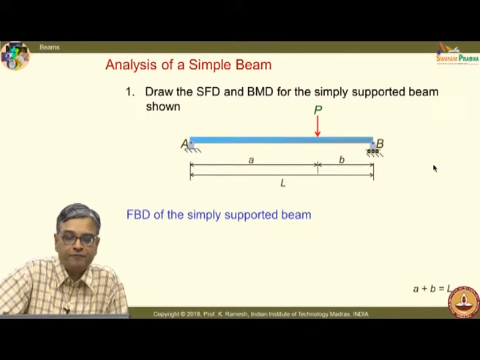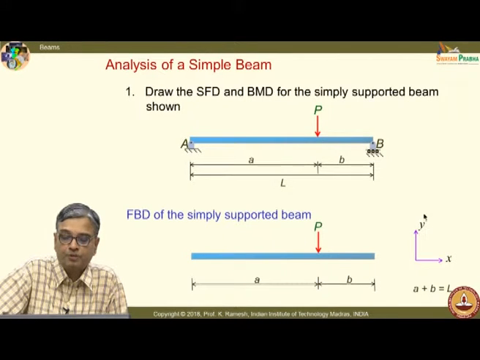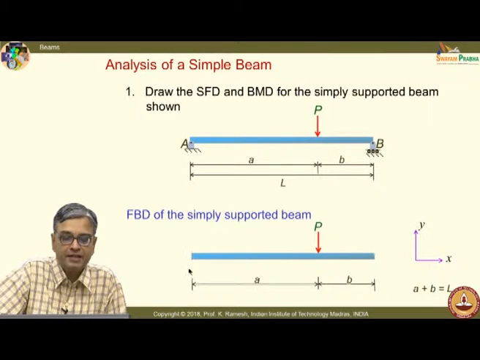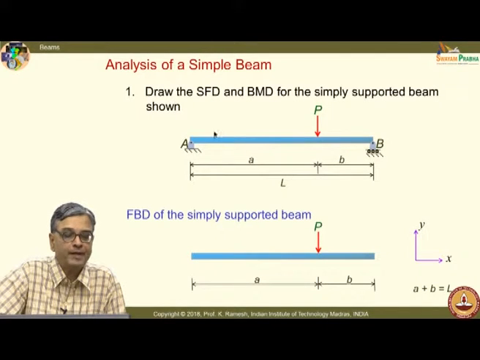Let us write the free body diagram of the simply supported beam. You should put the coordinate axis and replace the supports by the forces, which we have already learnt. How do I replace a pin joint? I do not know the direction of the resistance.